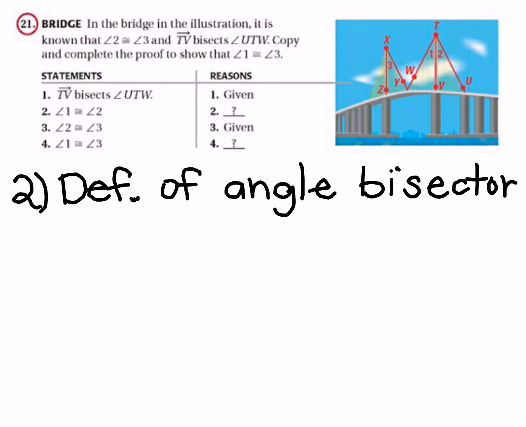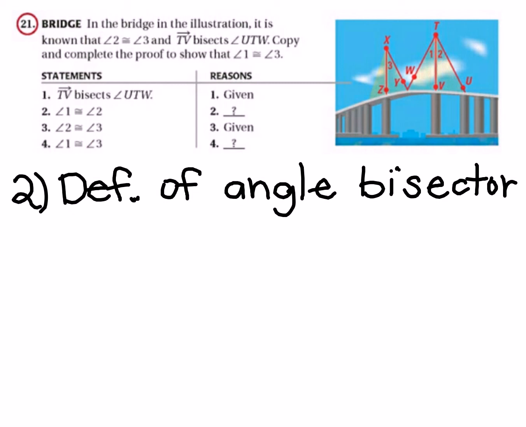Okay, now if we look at step 3, we have angle 2 is congruent to angle 3. If you look at 2 and 3, what do you notice? I have P, Q, Q, R. So if you notice on the 4th step, I have P, R. Notice angle 2 goes away, and I'm left with angle 1 and angle 3.